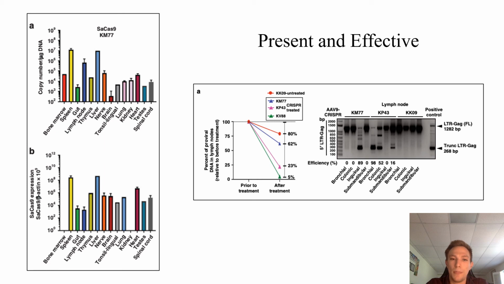So the peak is a 95% reduction in viral DNA in the lymph node, which is displayed here on the right in a gel, which shows the various parts of the lymph node and the targeted regions that were excised in both the monkeys that received CRISPR and ART, which are KM77 and KP43, and then comparing that to the control monkey that only received the antiretroviral therapy.